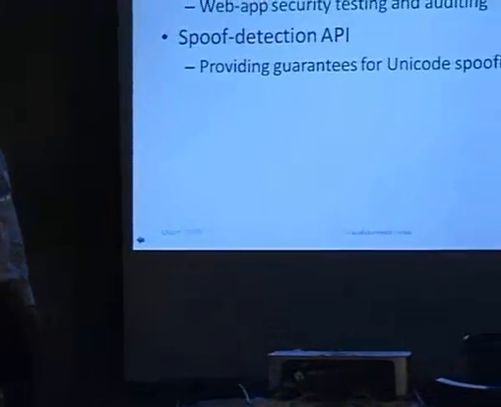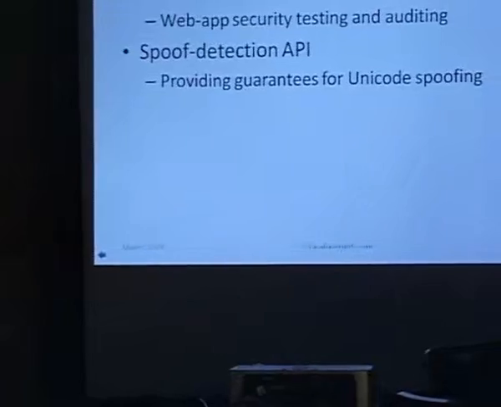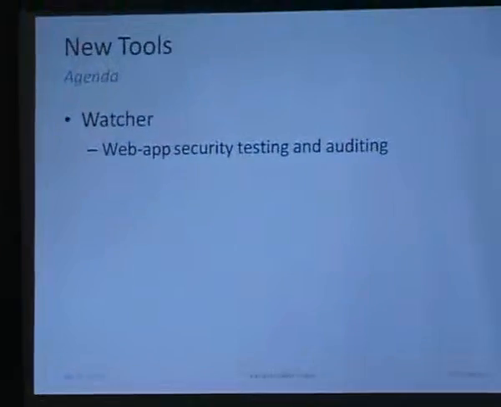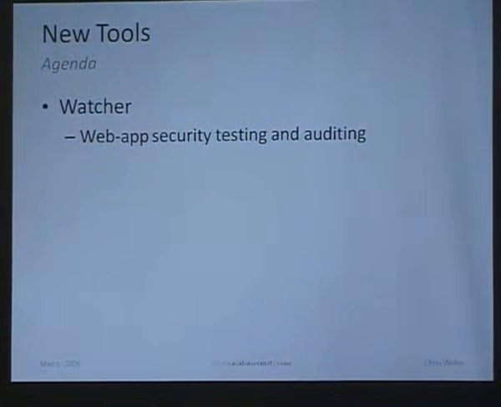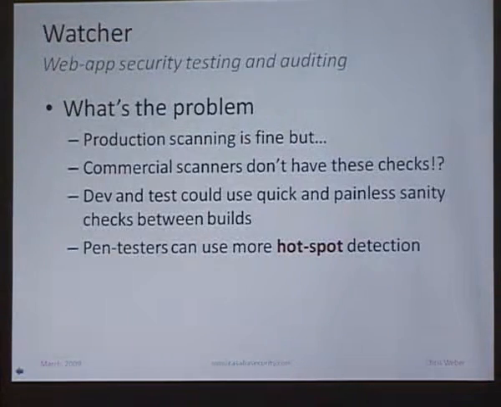So, two new tools. The first one is called Watcher, and it's basically a web app security testing and auditing tool. Why this tool? We have web app scanners, some free, some commercial.